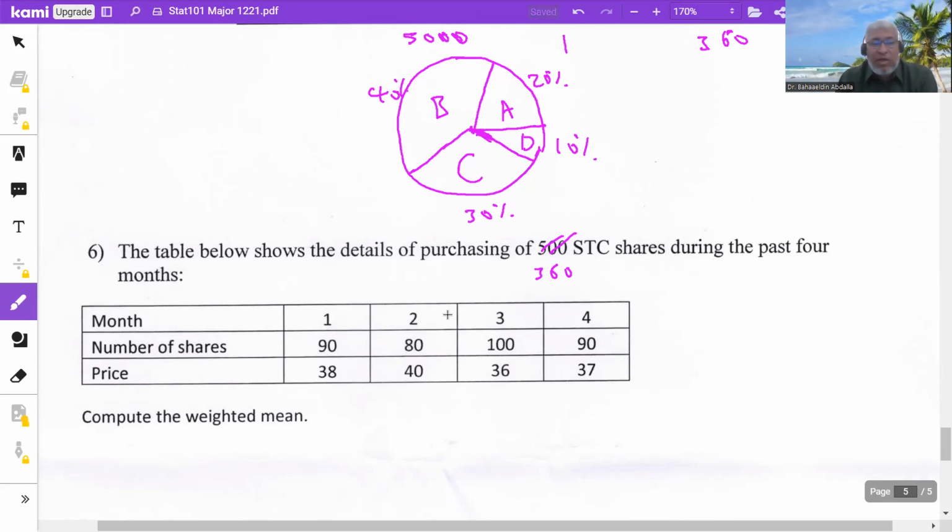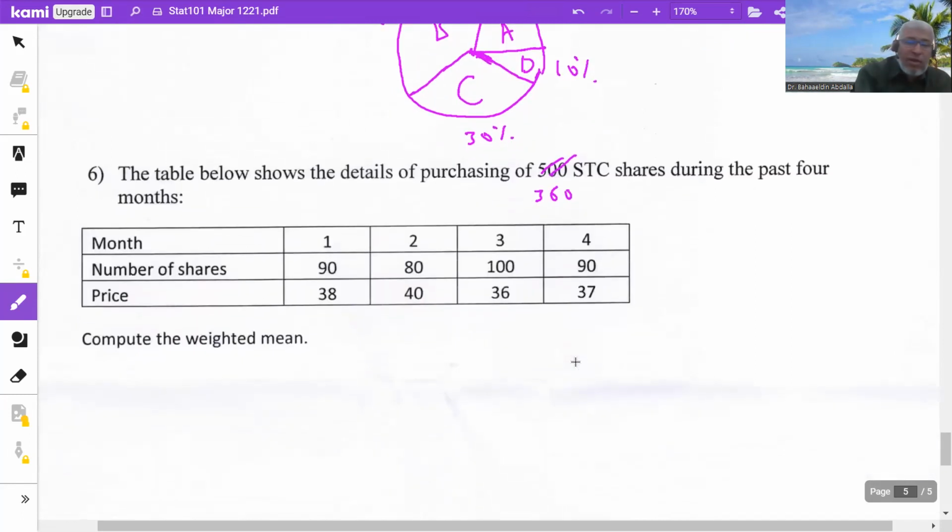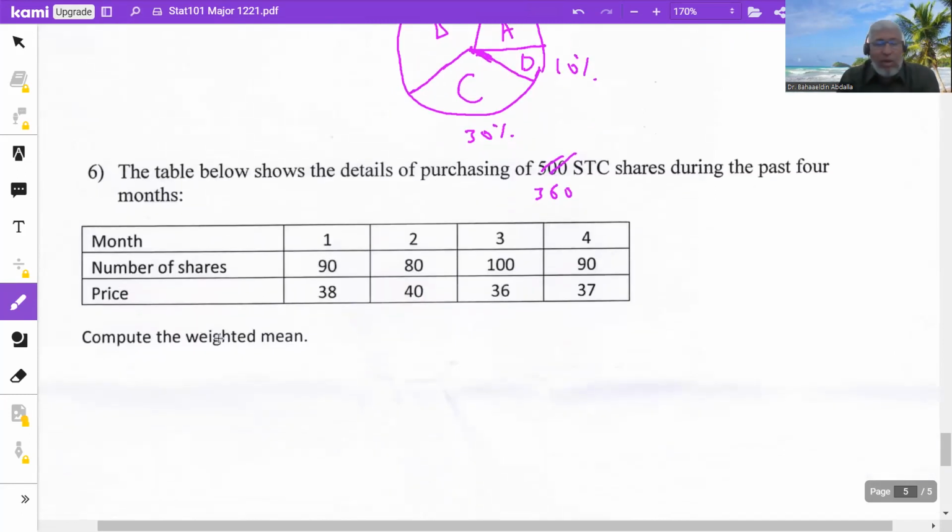So these are the details of purchasing 360 shares, 90 shares in the first month, 80 shares. So these are the number of shares, and this is the price of each share. You can deal with the prices here as the weights. Compute the weighted mean for the number of shares.